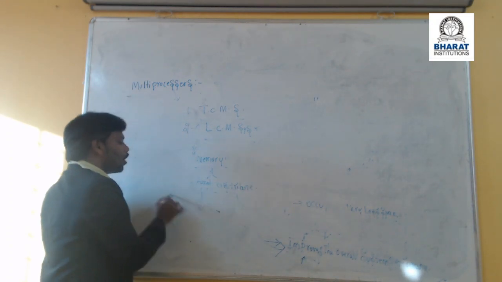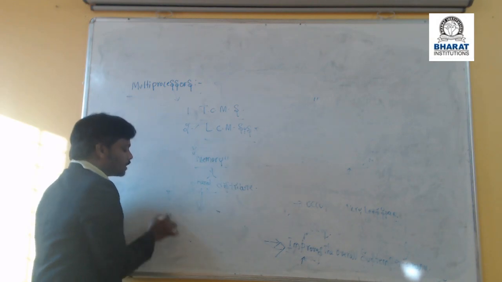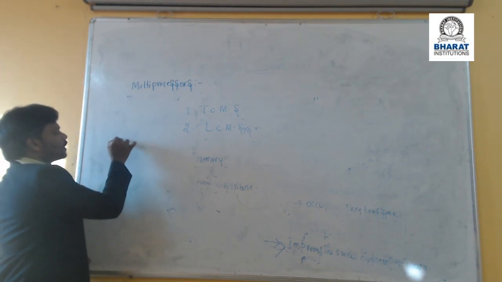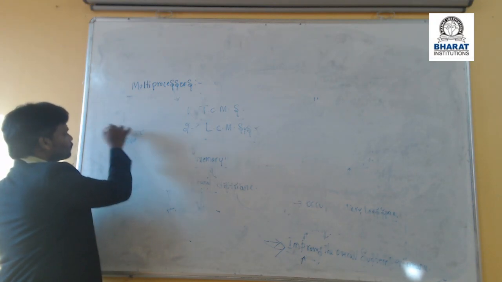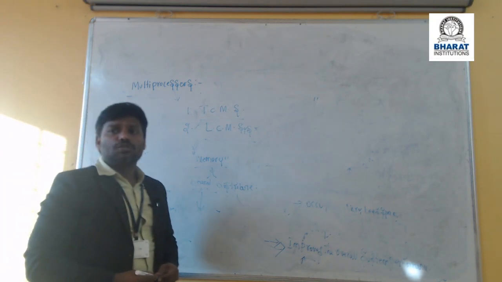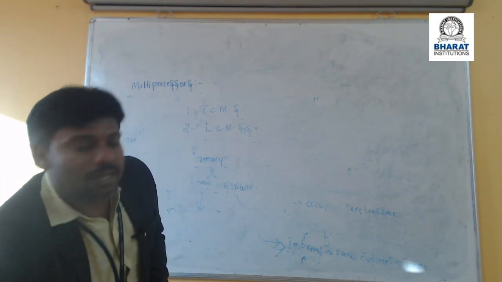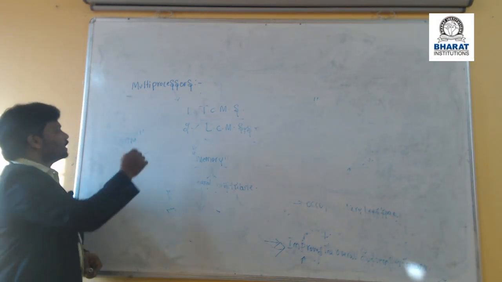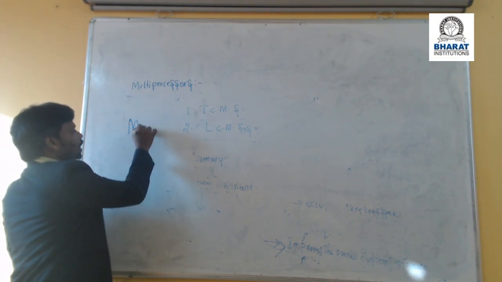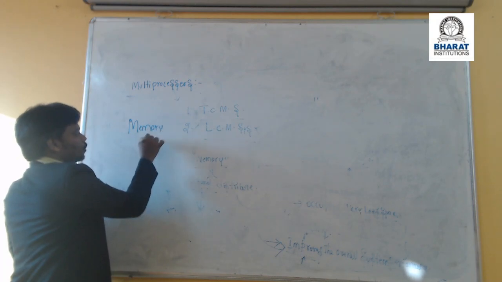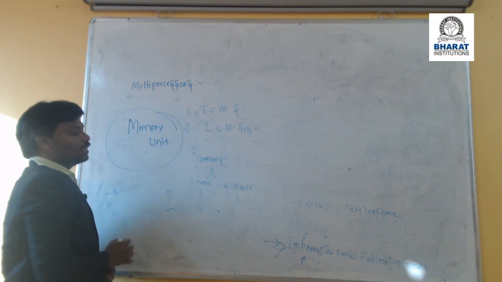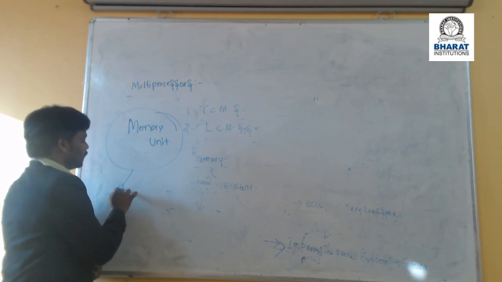Now we know what is shared and what is distributed. In our system, all the programs, data, and instructions are stored and available at one location, our storage container, which is called the memory unit. By organization, this memory is of two types.